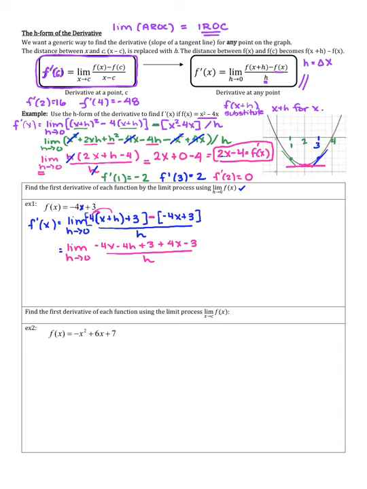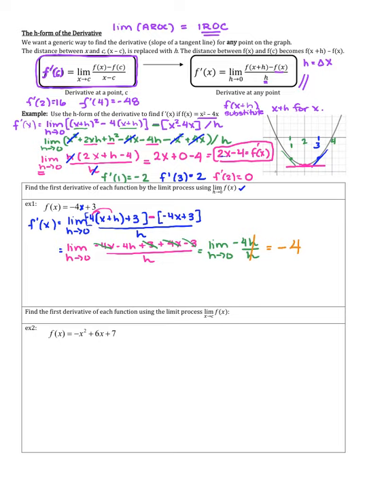So we simplify. Notice that you have a negative 4x and a 4x goes away. 3 goes away with negative 3. And I'm left with the limit as h approaches 0 of negative 4h over h. And of course, now our h's go away. So your answer, it's just that constant, is negative 4.